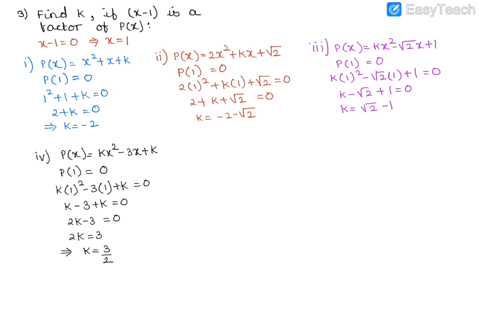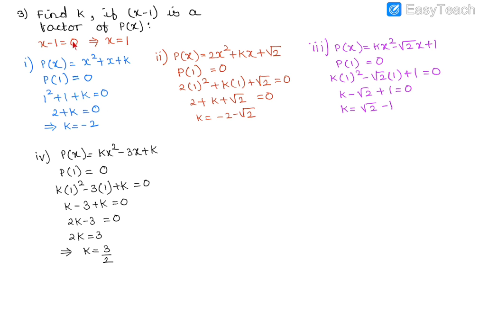The next one: find the value of k if x minus 1 is a factor of px. Meaning, if you put x minus 1 is equal to 0, then x is equal to 1. This is the given polynomial px, x square plus x plus k.